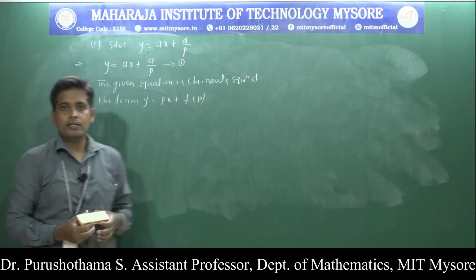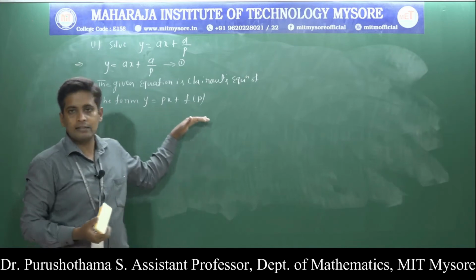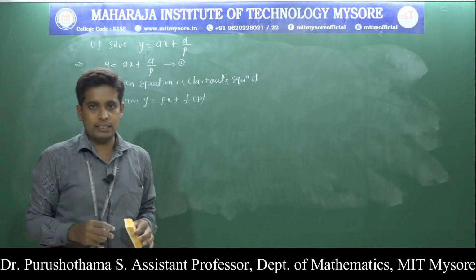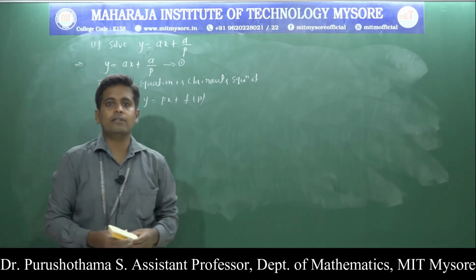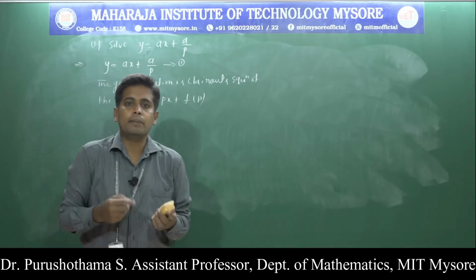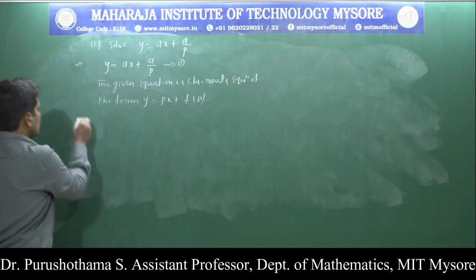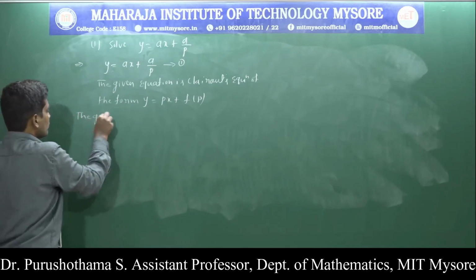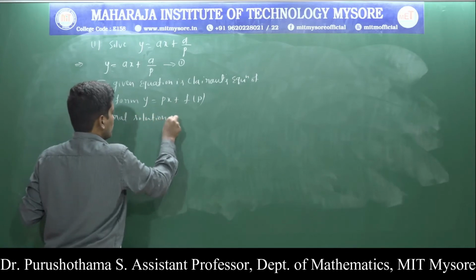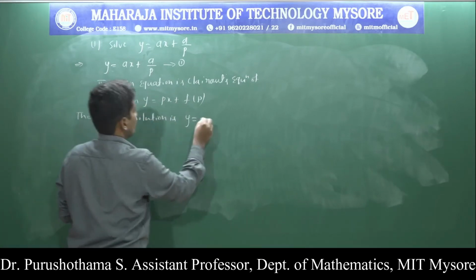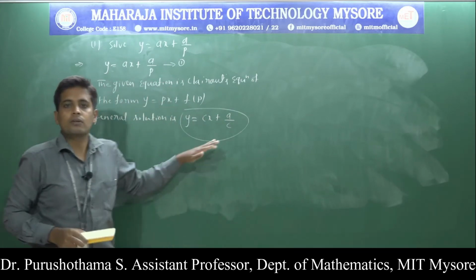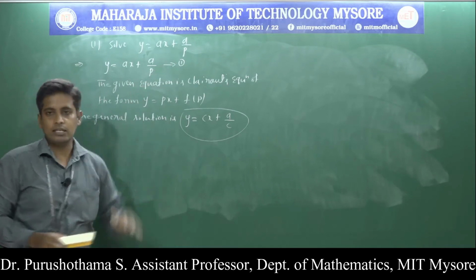We already know that the general solution of Clairaut's equation is obtained by just replacing p by c. Therefore, the general solution is y is equal to cx plus a by c. This is the general solution of the given differential equation.